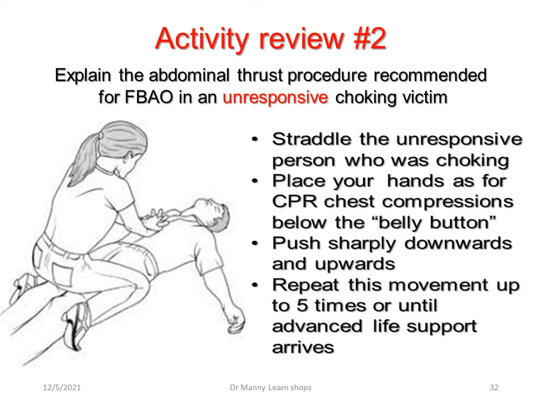This is where you straddle the unresponsive victim who is choking. Place your hands, as for CPR chest compressions, below the belly button, umbilicus. Push sharply downwards and upwards and repeat this movement up to 5 times or until advanced life support arrives.